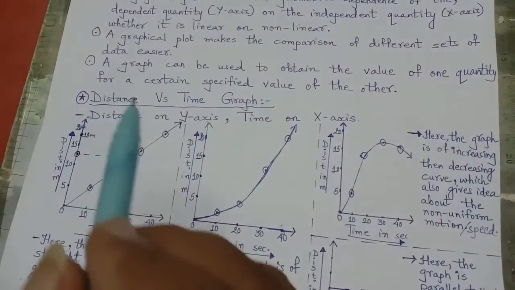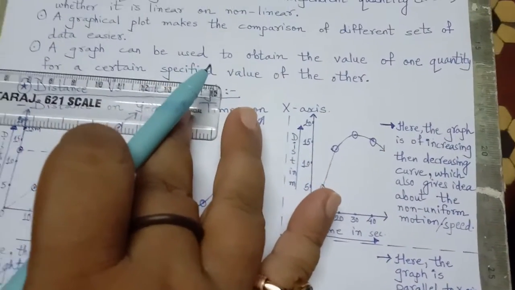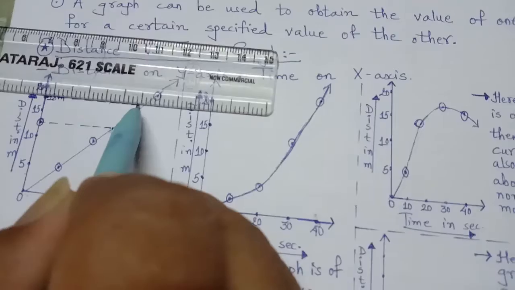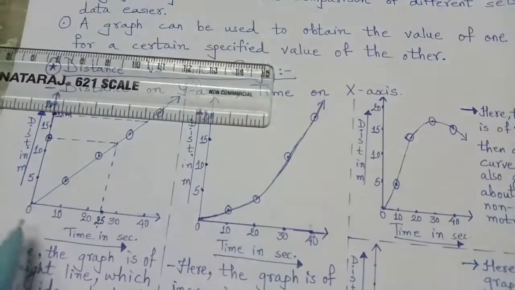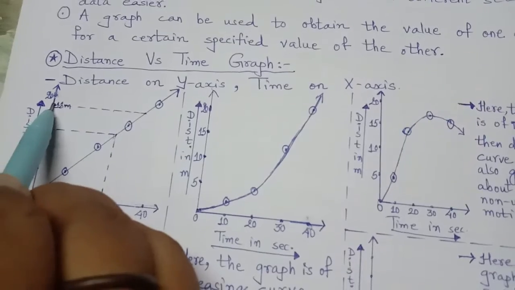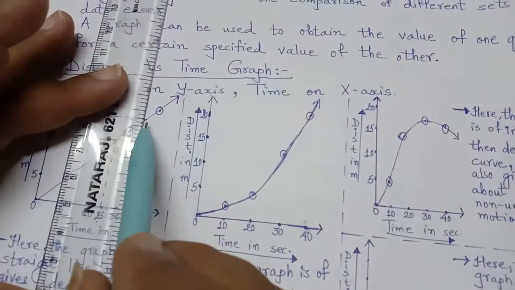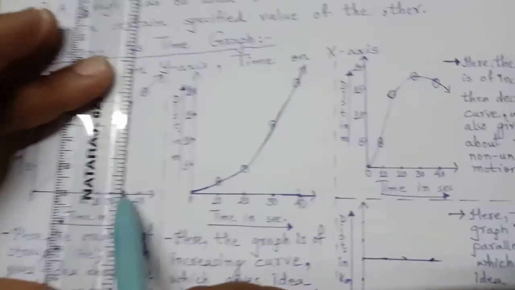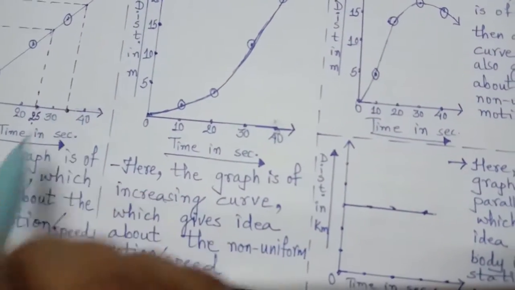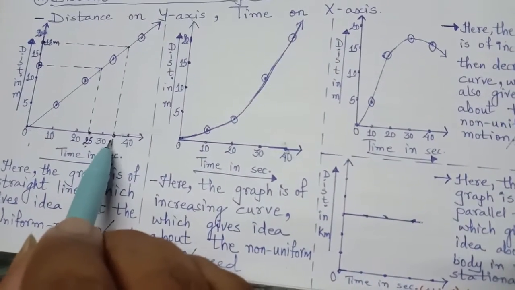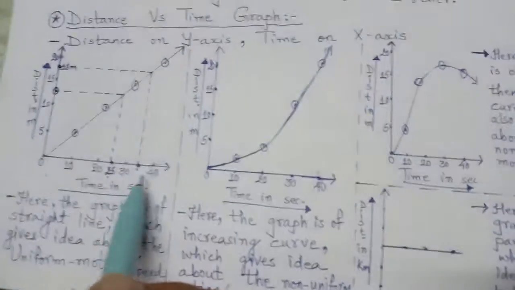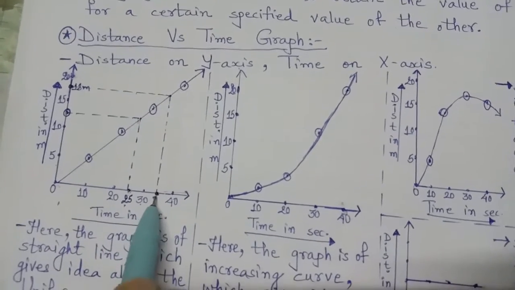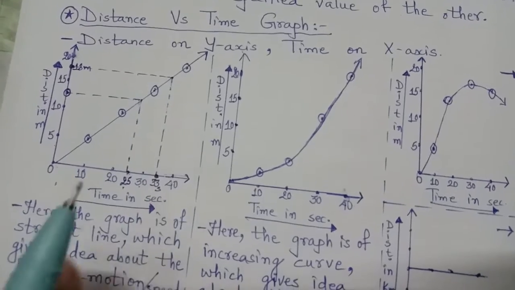So again, first I will take this position and make a perforated horizontal line parallel to x, which coincides here with y. And now taking the ruler, I will make a line over here which will be parallel to y and coinciding with the x-axis. This will give us the idea that the time is between 30 to 40 seconds. It is not exactly at the middle, so not 35. It may be 33 or 34 seconds. This will give us the idea.